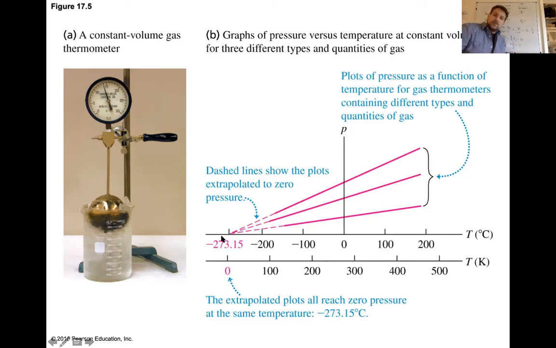If we extrapolate backwards, those curves all look like they have the same x-intercept, that there's one temperature at which the pressure, no matter what it is, is zero. Now, we can talk about what that actually means.